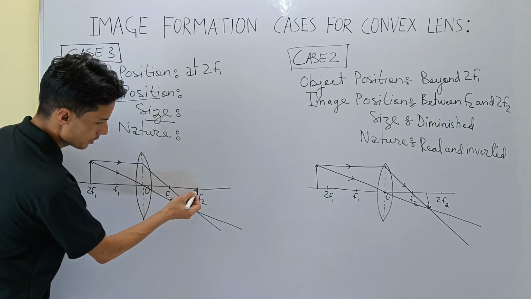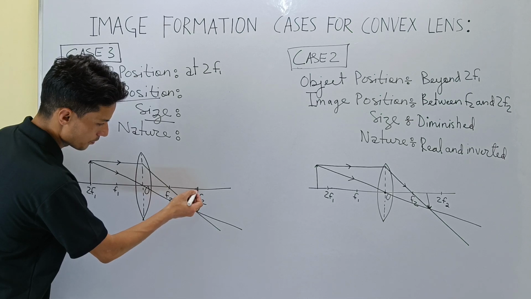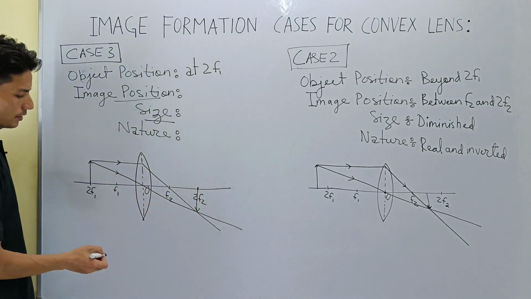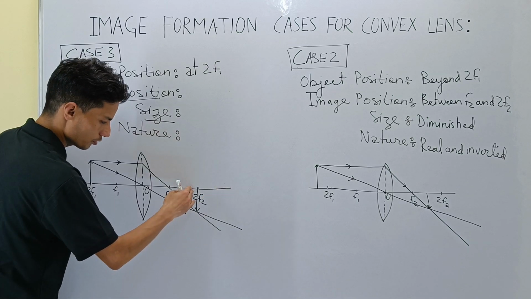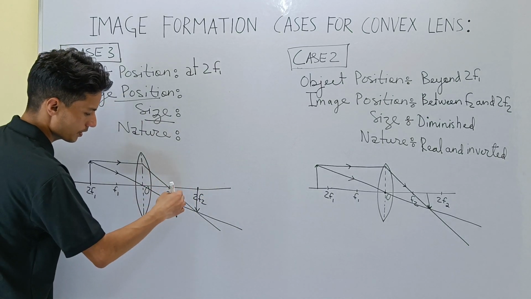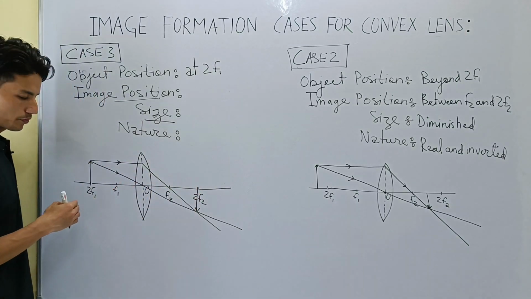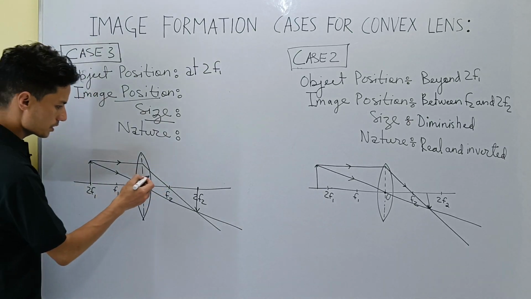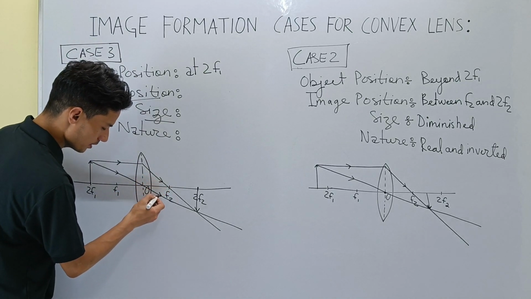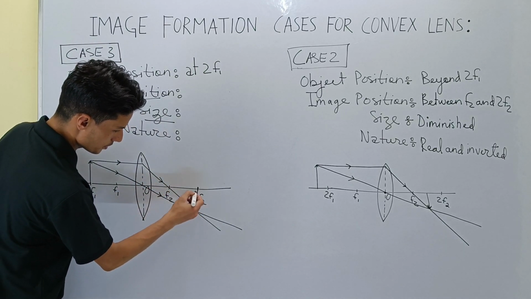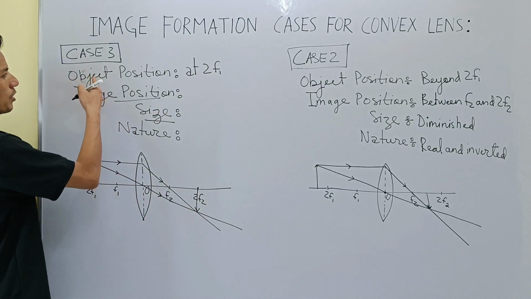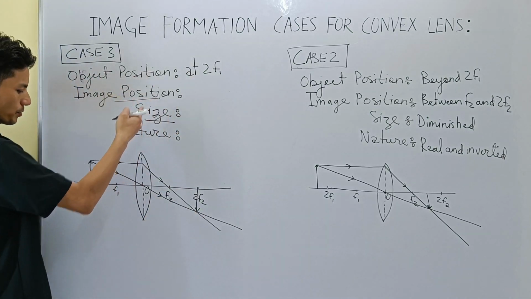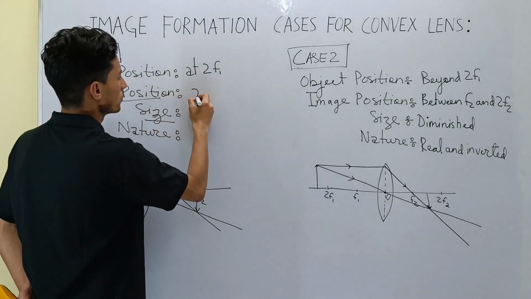The image is supposed to be formed at 2f2, not beyond or in front. So these are the two refracted rays and they meet here, which is at 2f2. So object position at 2f1, image position at 2f2.